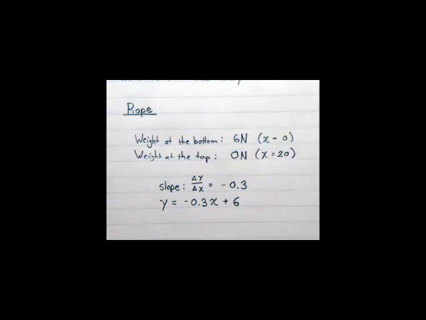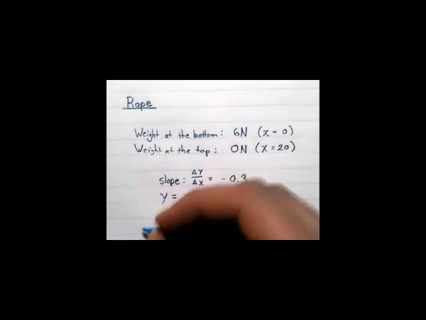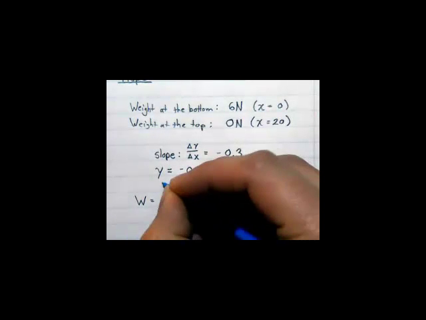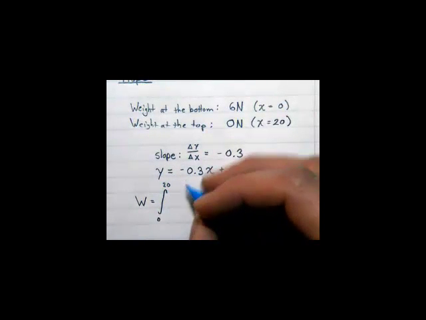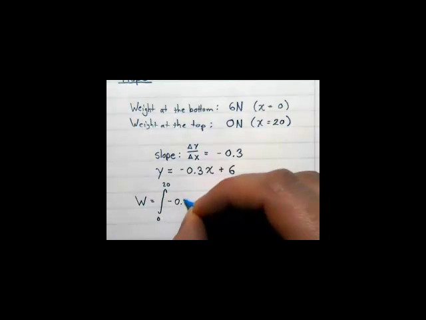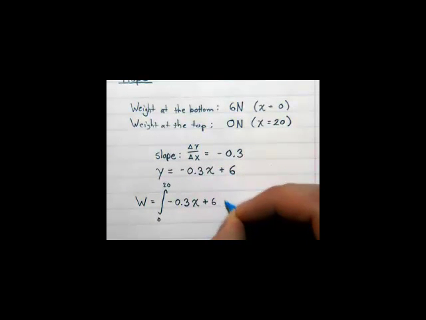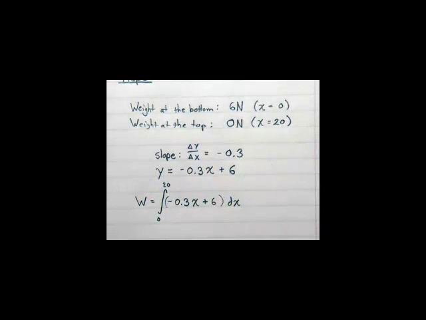Okay. So the work done for the rope is going to be the integral from 0 to 20 of negative 0.3x plus 6 dx. Okay.